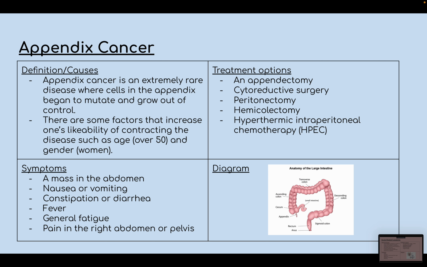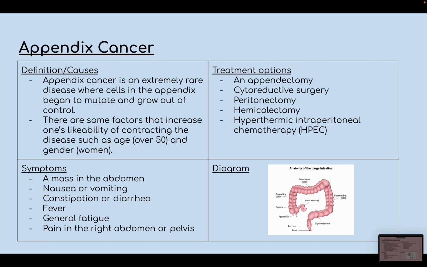The first is probably one of the more common ways, appendectomy. There's also thyroidectomy surgery, peritonectomy, hemicolectomy, and last but not least, hyperthermic intraperitoneal chemotherapy, which is also known as HIPEC.